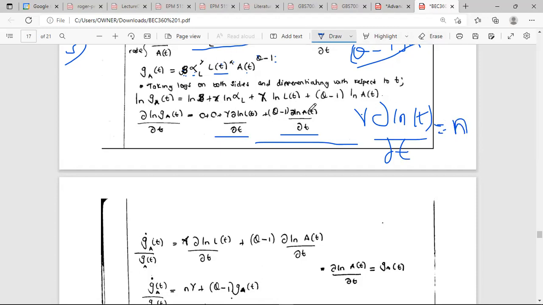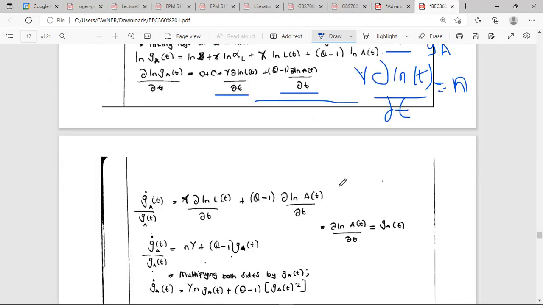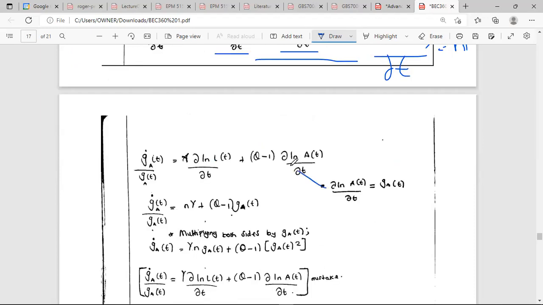Then let also this one, because this one is coming from here, the derivative of this, q minus 1 derivative of this over dt, be some other variable. Let's say g of A, growth of A, because this is the growth of A. Now what we have is this. Like I've said, we've substituted this here. So this is growth of A.